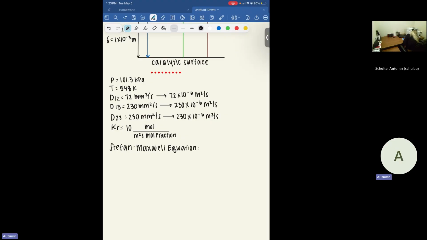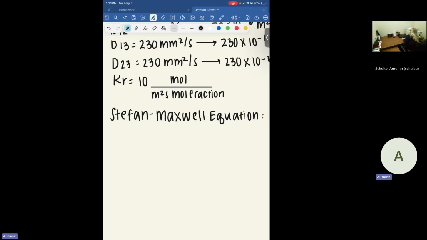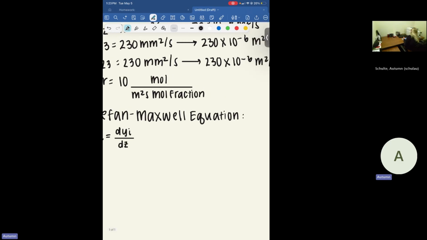This is one we're pretty familiar with at this point, so I'm just going to write this out. This is going to be the driving force of species I, which is equal to the derivative of the mole fraction of species I with respect to our position, which in this case, we're going to have it in the z direction.